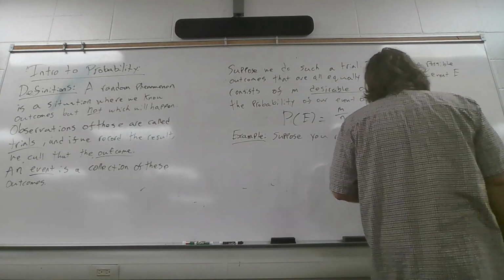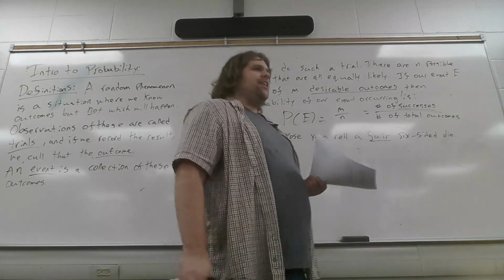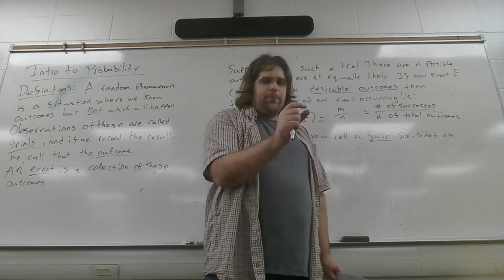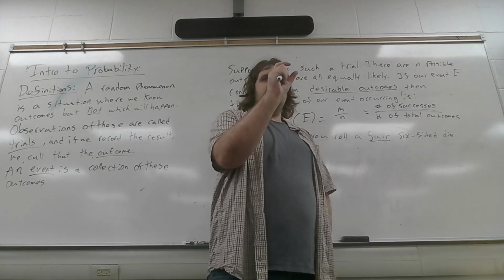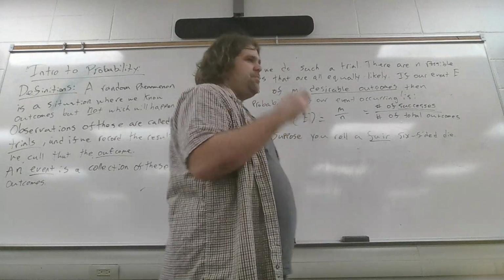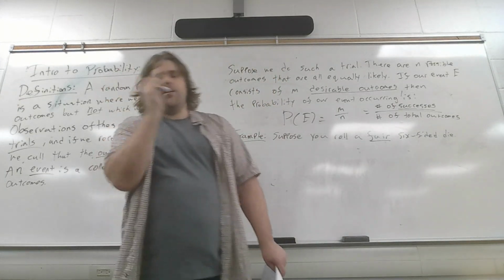In fact, does anyone know, on a six-sided die, one of the important properties of it? If I'm looking at it and I see one in front of me, what number's on the other side of it? 6. Right. They always add up to 7 across each other. And that's because the same number of dots are removed so that the weight distribution is the same on the die.